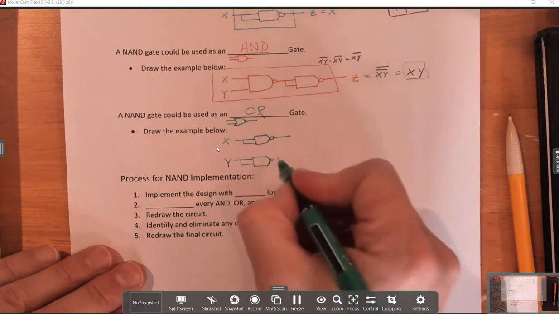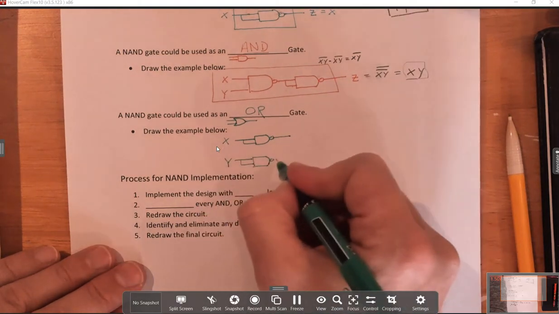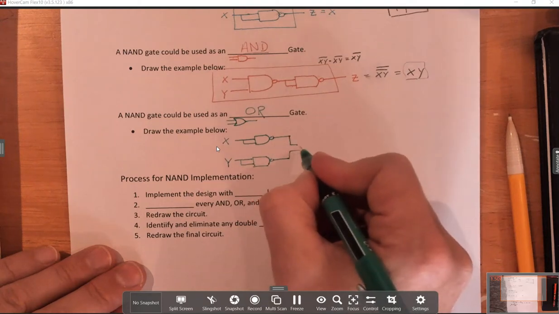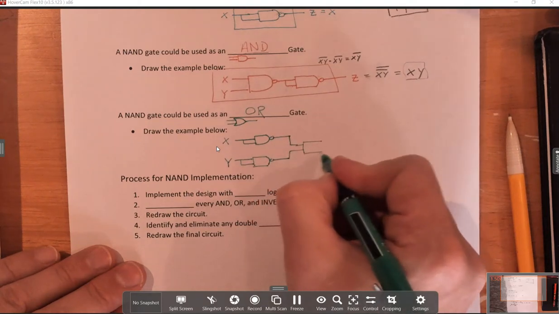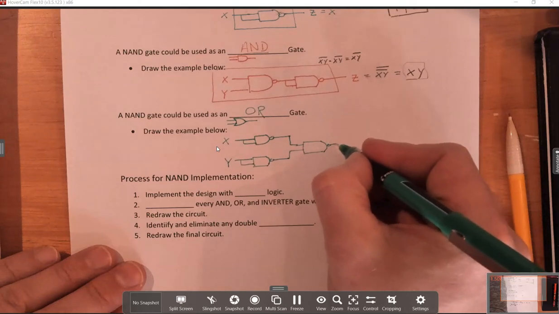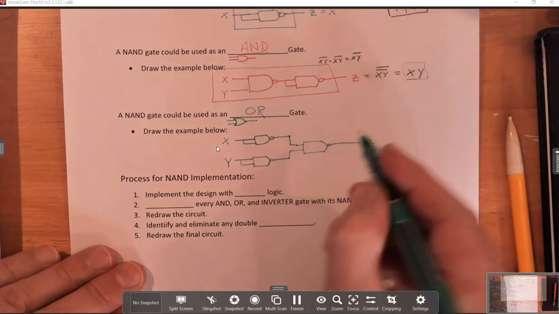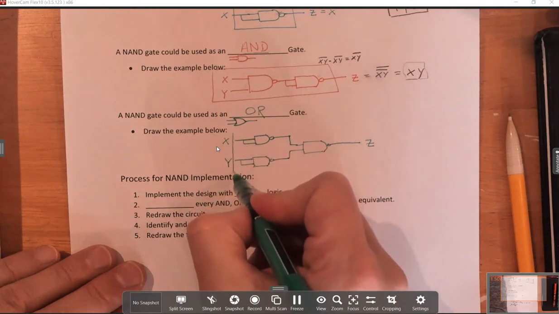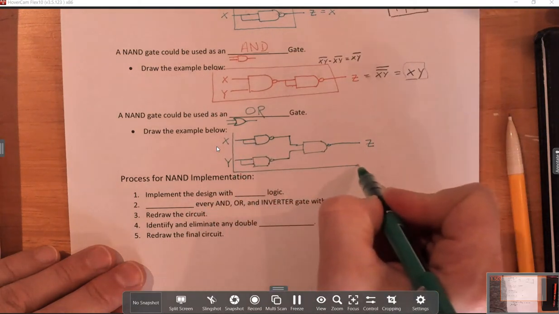And then the outputs of those, so this becomes really not X and not Y, go into a third NAND gate. Alright, and that is your OR logic.